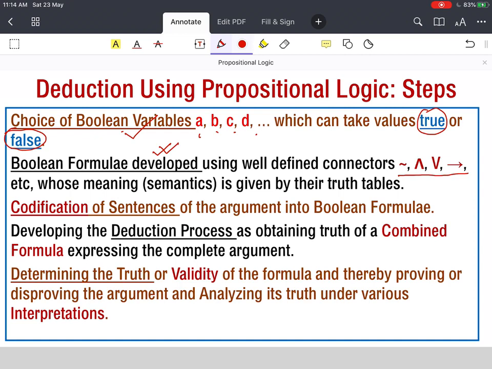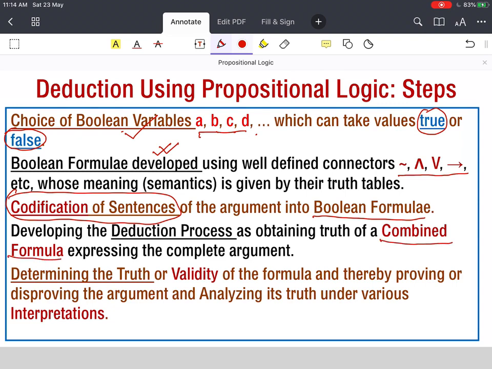There could be other operators. The meaning of these are given by the truth tables which all of us know. Then we take the sentences which are given to us like we saw in the previous 5 examples, and we convert them into Boolean formulae using these Boolean variables.